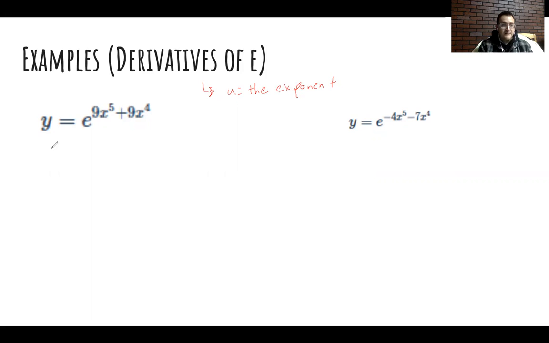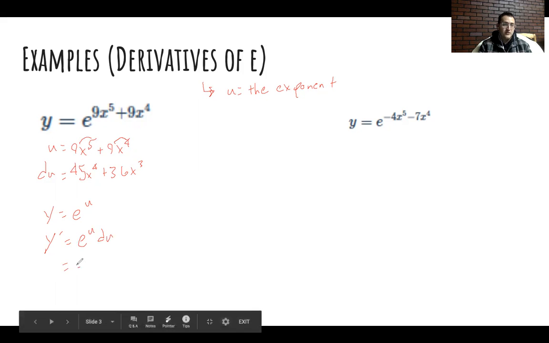For instance, on this one, our u is 9x to the 5th plus 9x to the 4th, and then our du would be 45x to the 4th plus 36x cubed. If I'm writing this in terms of u, I write y is equal to e to the u. Therefore, the derivative would be e to the u du.